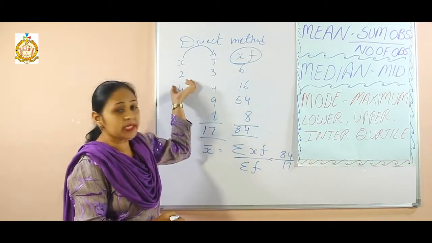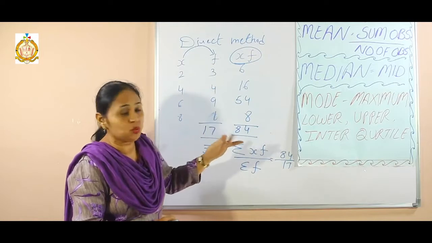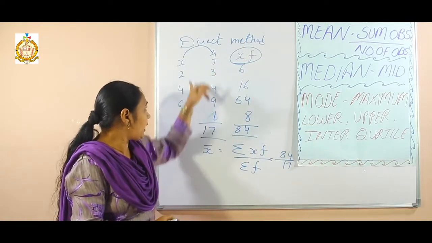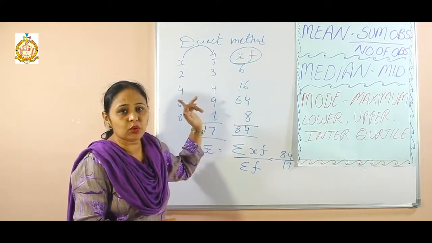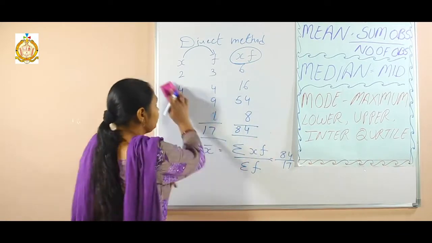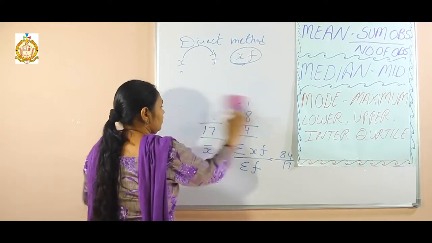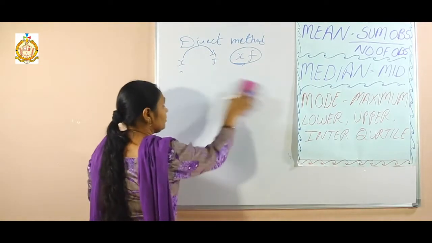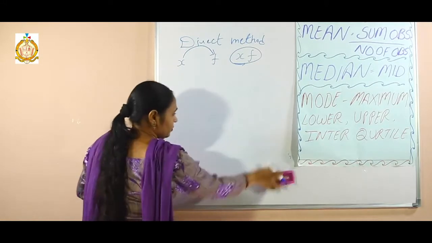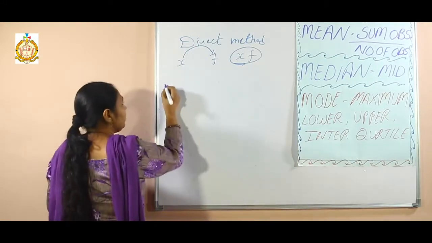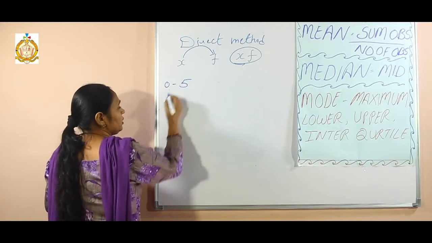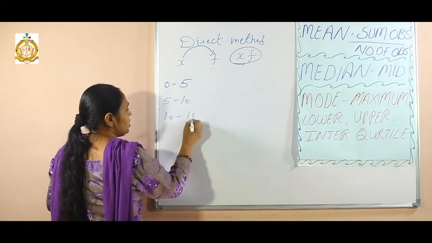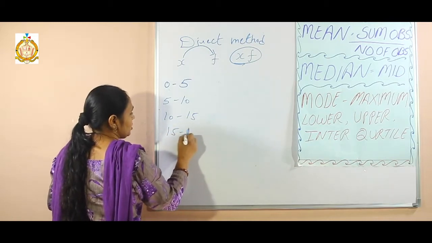But if the data is given as grouped data, then what to do? We will use the direct method. But if instead of simple data, the values are given as grouped data, like this one: 0 to 5, then 5 to 10, 10 to 15, then 15 to 20.